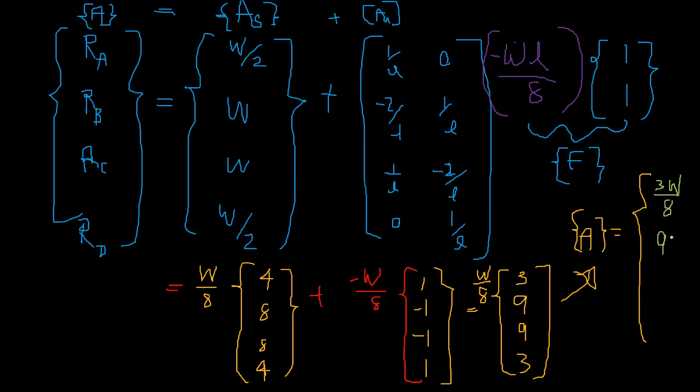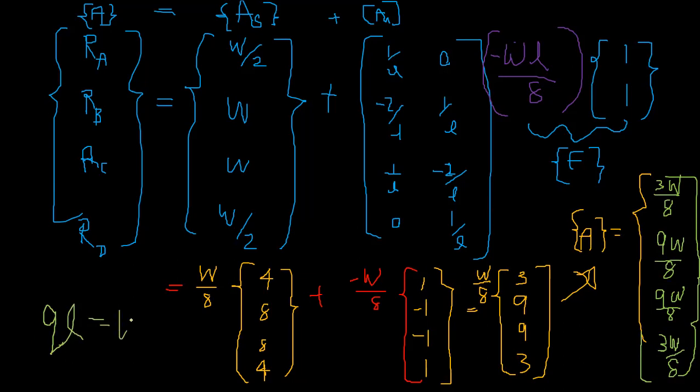This is 9W over 8. This is also 9. So finally 3W over 8. Okay, if you want, you can substitute QL instead of W. So that's going to be 3QL over 8, 9QL over 8, 9QL over 8, and 3QL over 8. Right. So yes, we are done.